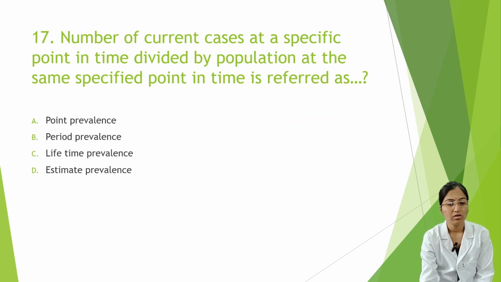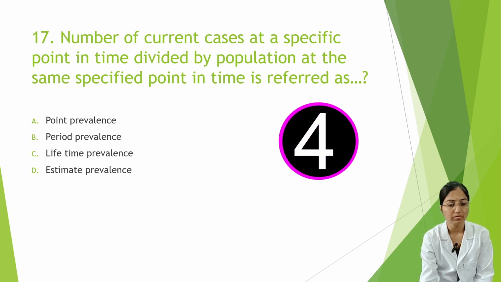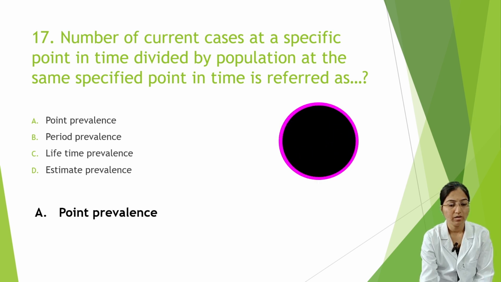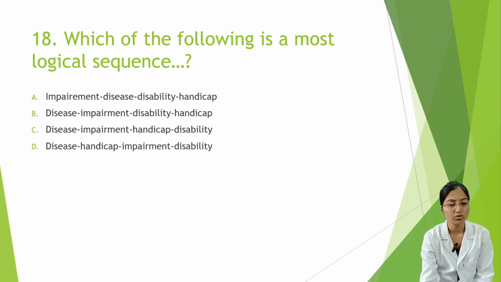Next question. Number of current cases at a specific point in time divided by population at the same specified point in time is referred as point prevalence.